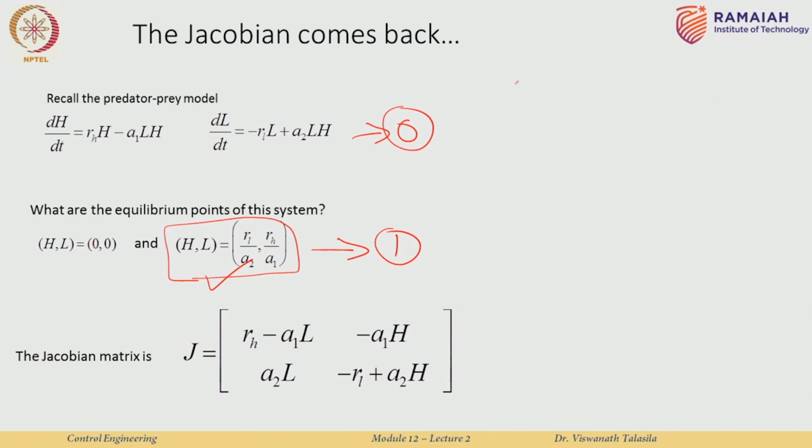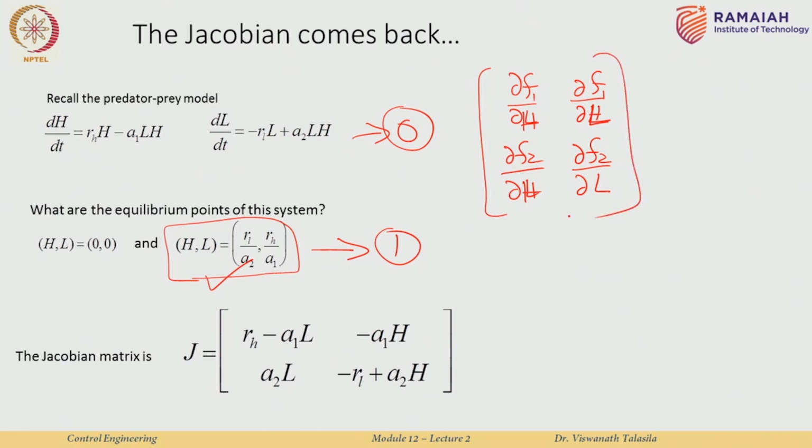We use the expression which we had before, which was partial f1 by partial L, partial f1 by partial H, partial f2 by partial L, and partial f2 by partial H, where f1 is nothing but RH times H minus A1 LH, and f2 is nothing but minus RL times L plus A2 LH.